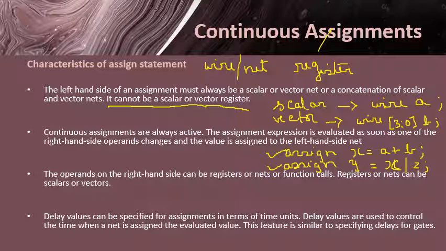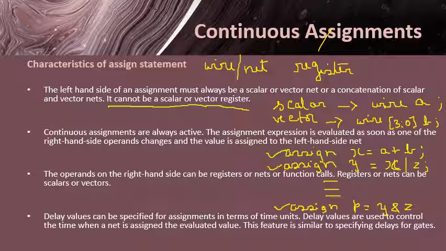Likewise, if you have y in some other statement, above or below this, with many other statements in between which are not related to a, b, y or x, and you have something here, say p equal to y and z, then whenever y changes, this will be executed.